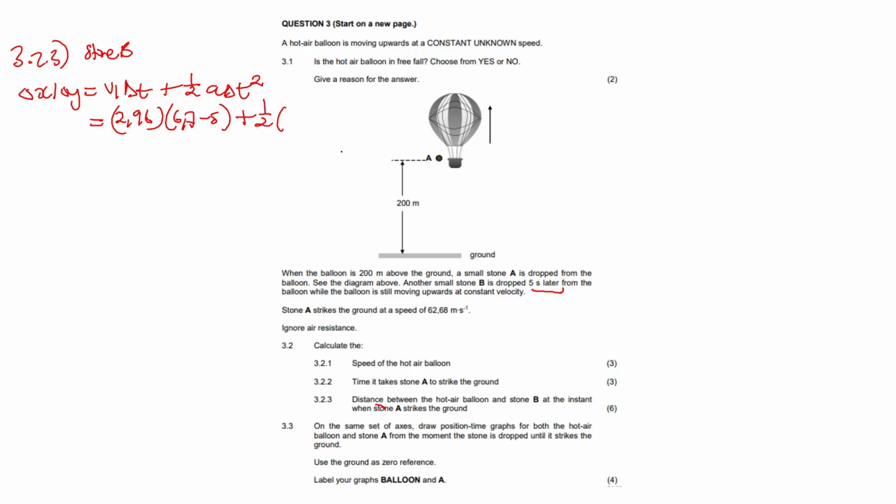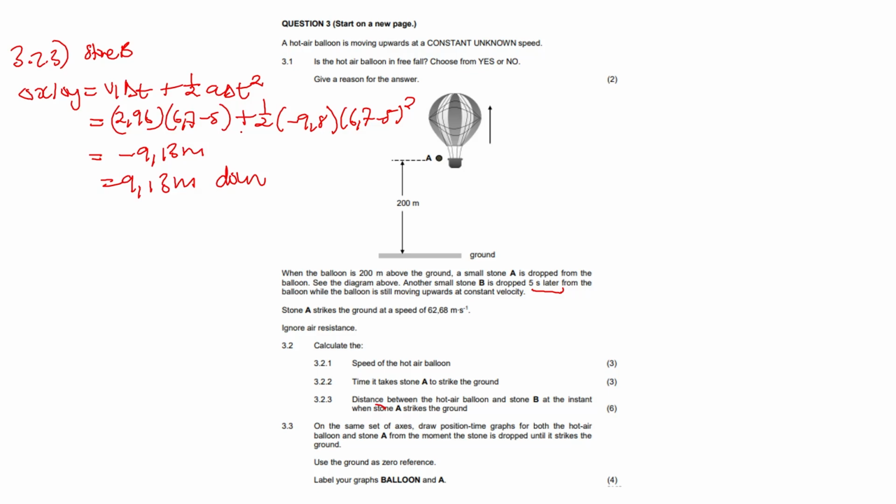Remember, gravity is acting down and we're taking down as negative, so it's going to be 9,8, and again times 6,7 minus 5, and we're just squaring that. We jot that into the calculator and we get the distance that B traveled to be negative 9,13 meters. So we just make that positive, right? And we say down.